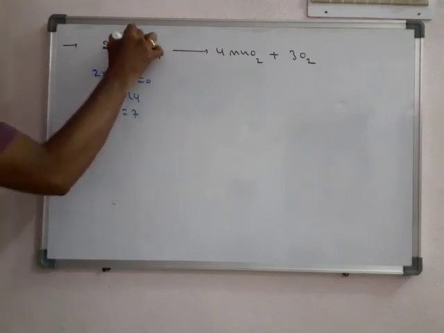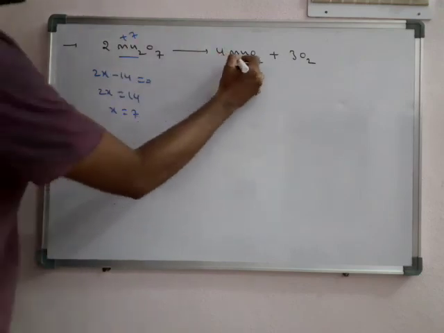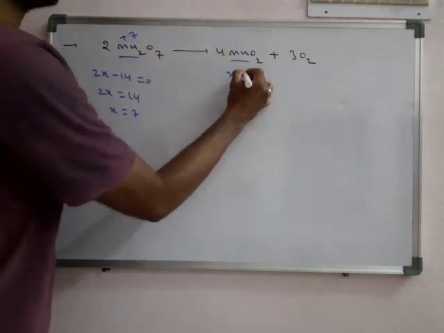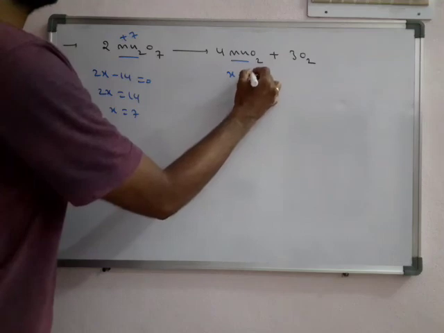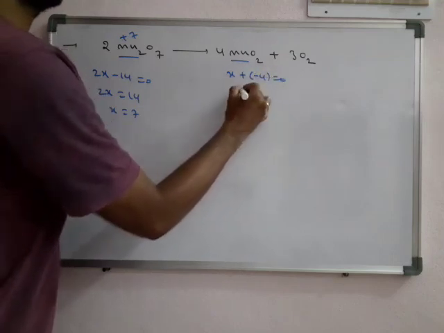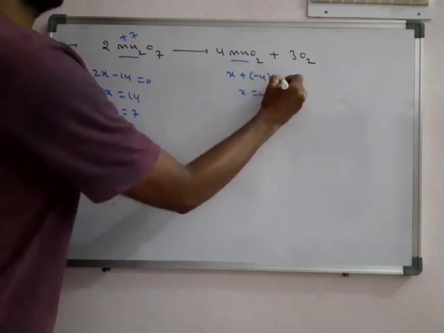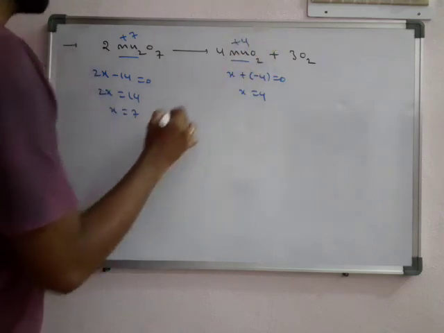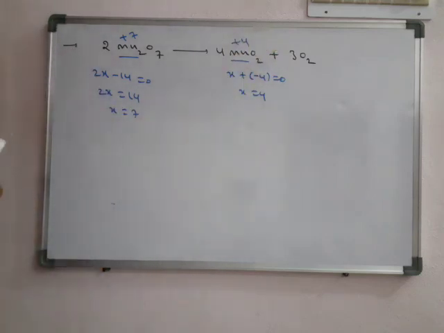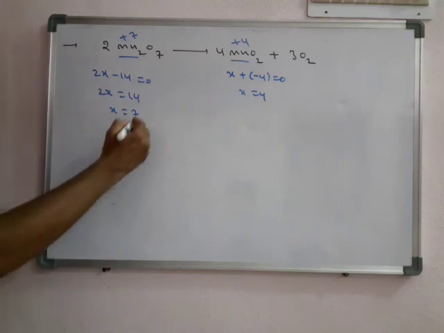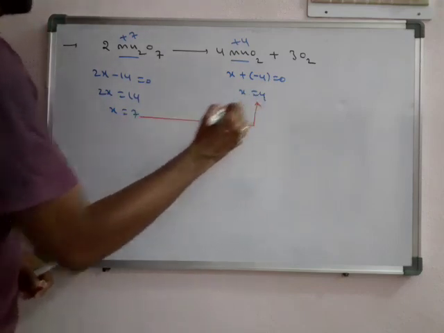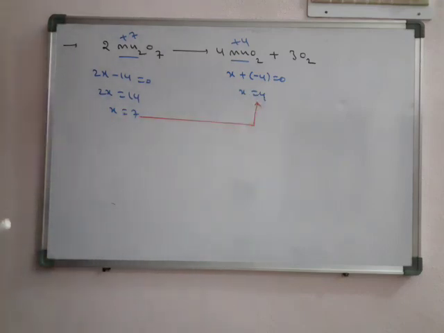So each manganese has plus 7. Here the manganese oxidation number is x plus ... So the manganese goes from plus 7 to plus 4, it is reduced.